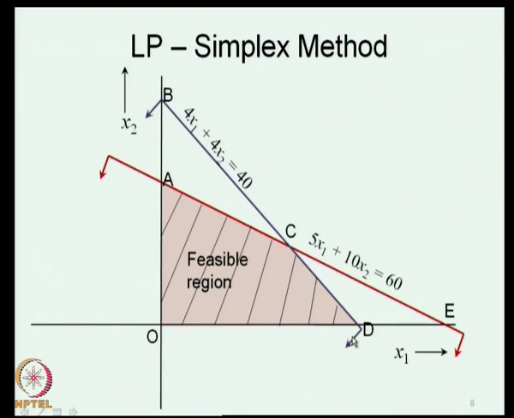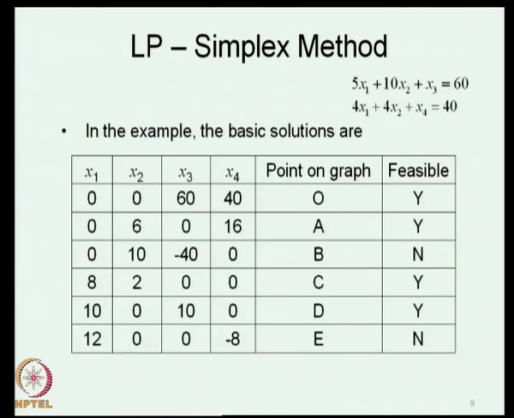Let us now look at the basic solutions. As I said, we will have 6 basic solutions. You have these two equations: 5 x 1 plus 10 x 2 plus x 3 is equal to 60 and 4 x 1 plus 4 x 2 plus x 4 is equal to 40.